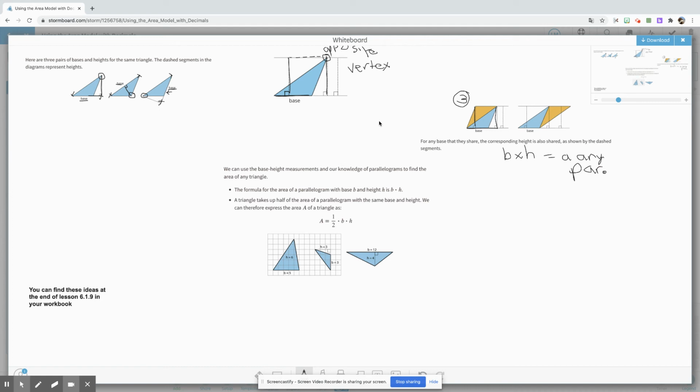So when we look at this picture, what I notice is that half of a parallelogram is a triangle.